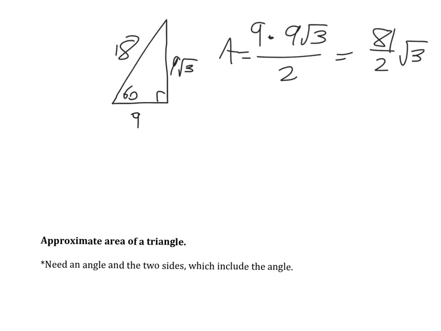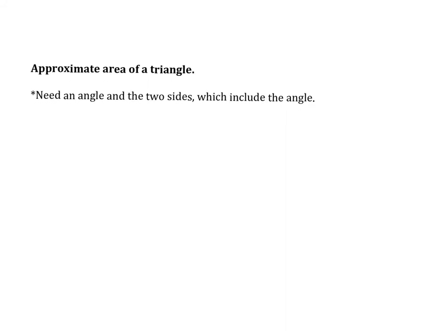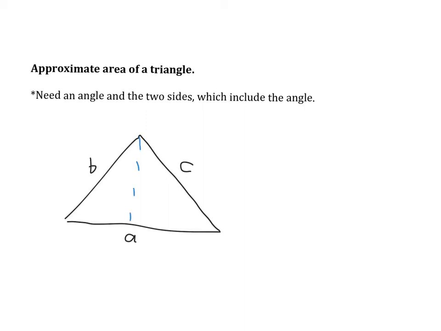Now, how could we approximate the area of a triangle? Everything we've used to this point was hopefully exact. So if I draw a triangle, and I label the sides B, A, and C, and I wanted to drop an altitude, how could I express this altitude in terms of the sides and the included angle?